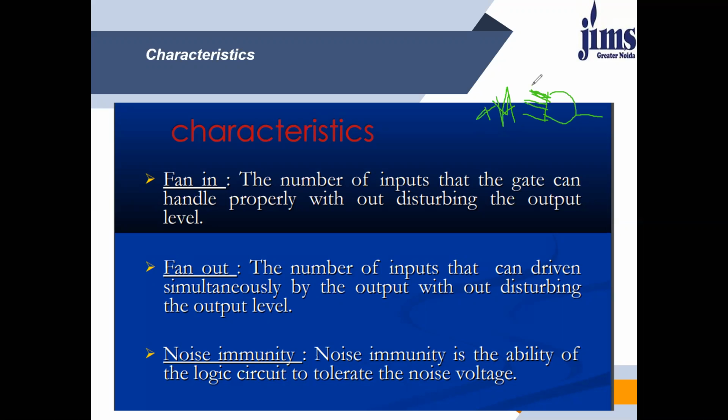But if we increase one more input, then this 4 ampere will be divided into 5 inputs. So every input will have less than 1 ampere, which is not sufficient to excite that input.